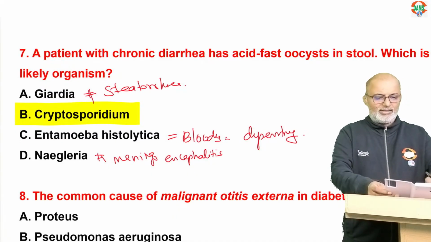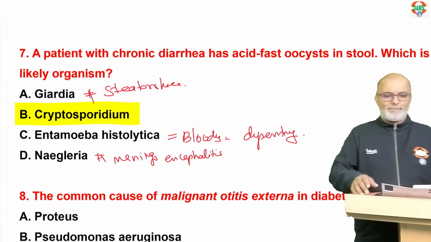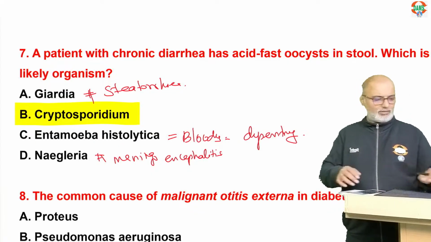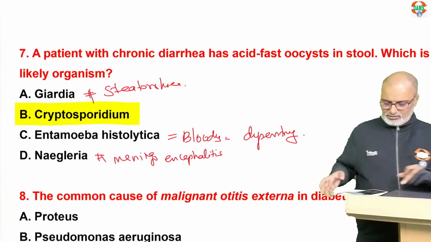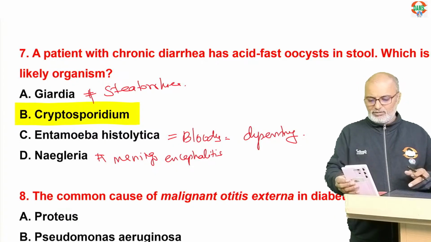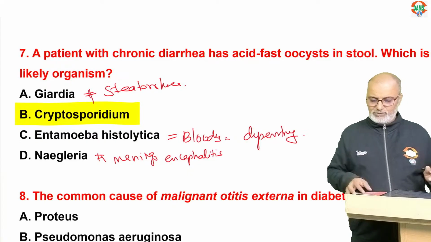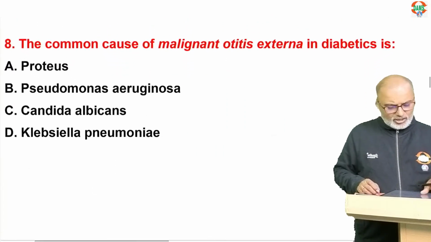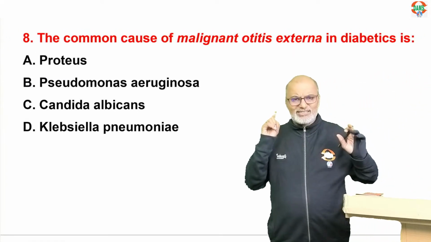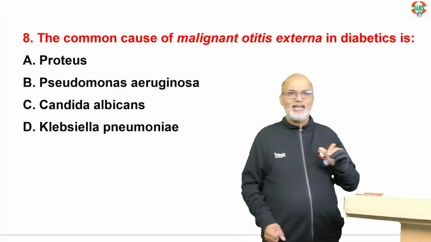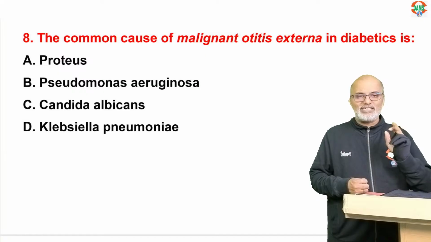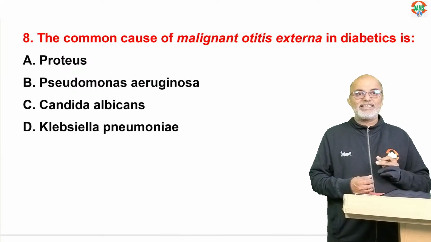Next is, listen to me carefully. Common cause of malignant otitis externa. Malignant otitis externa, temporal bone involvement and necrosis, and do not forget swimmer's ear, diffuse otitis externa.